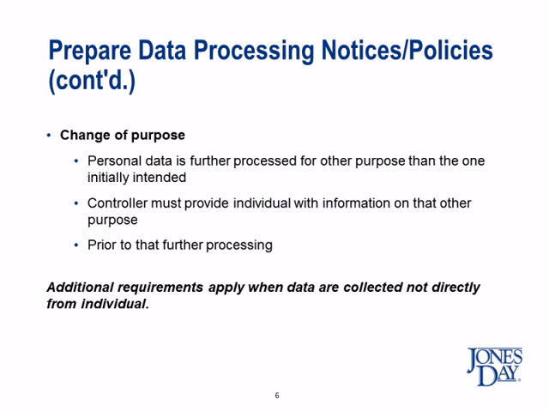And you have to provide information about that other purpose that may not be clear at the beginning of the data processing. So that, again, is something that we see companies struggling with in terms of providing transparent information to individuals.